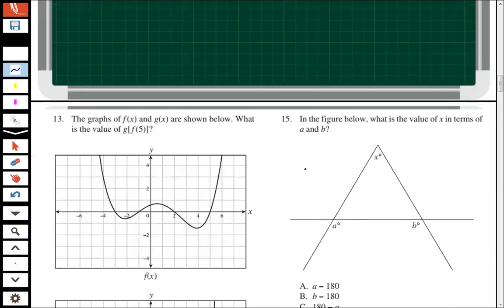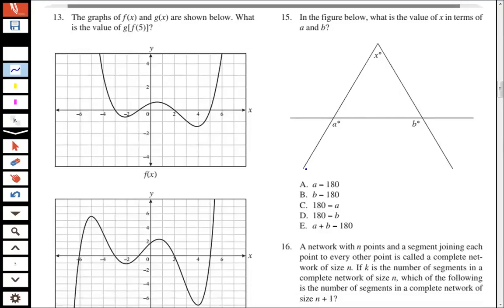Question number 13. The graphs of the functions f(x) and g(x) are shown below. What is the value of g(f(5))? Look at this figure.